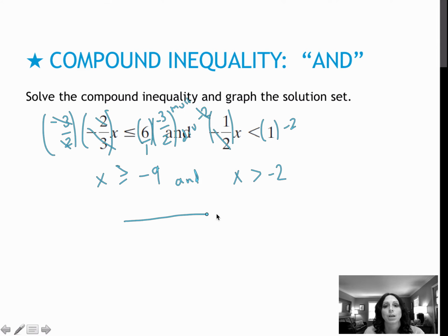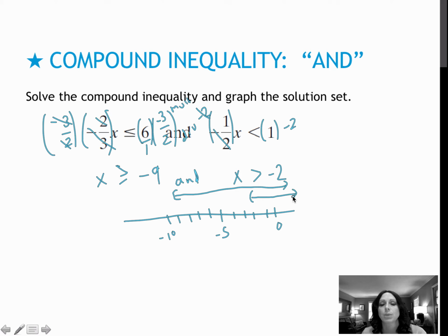So again, if it helps you, make your graph. And you don't have to make a graph, but I find that it helps most people to do that. So x is greater than or equal to negative 9, which would be a closed bracket at negative 9 shaded this way. And then x is greater than negative 2, which would be right here and shaded this way.